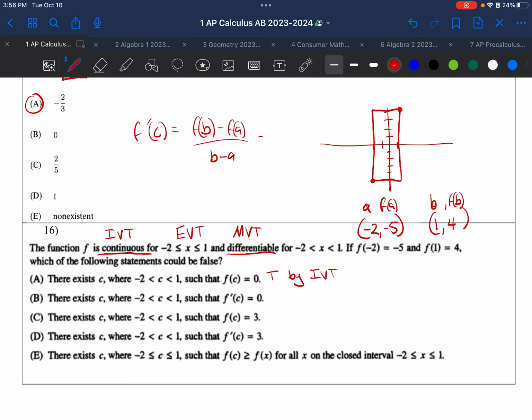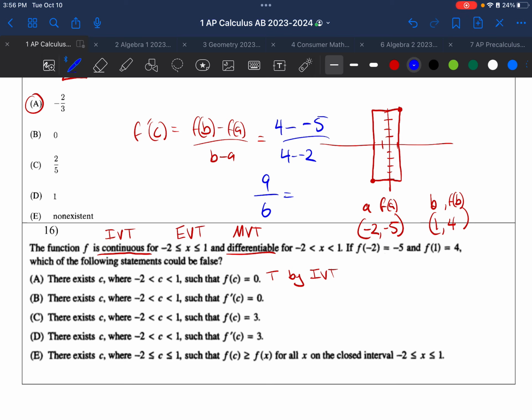So this is going to be equal to 4 minus f of a, which is -5, a double negative there happening. And then I get a b down here, which is 4, and then an a, which is -2. So I have 4 minus -2. Double negative means we have a positive here. This is going to be 9 over 6.